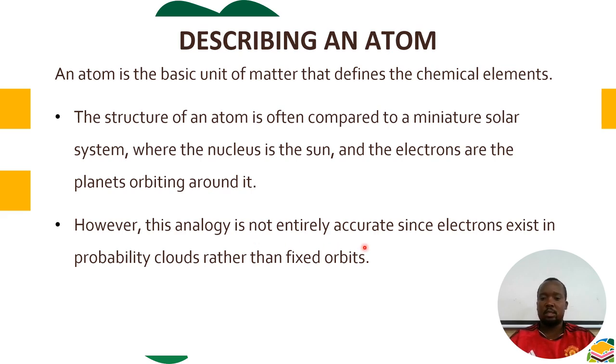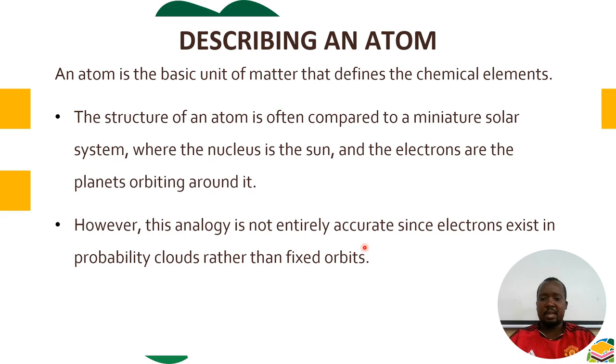So you know the solar system where you have the sun, and from there you have the planets, and the planets are always orbiting around the sun. So with this view, therefore, we can liken the solar system to the structure of an atom.